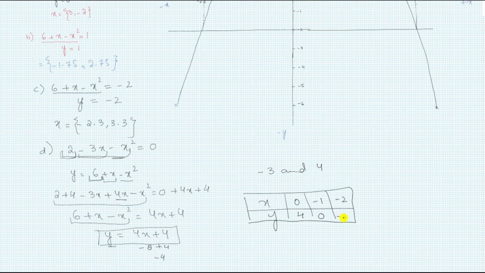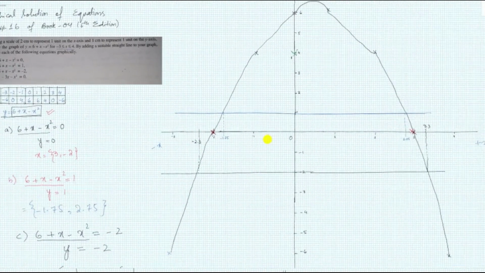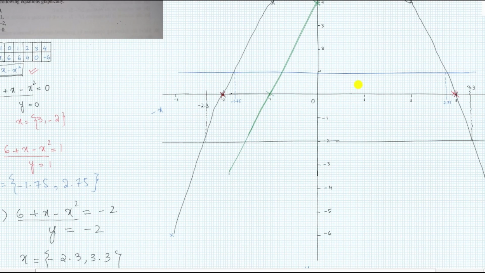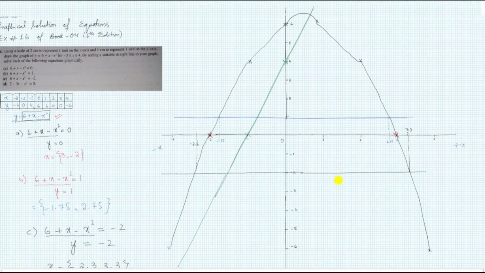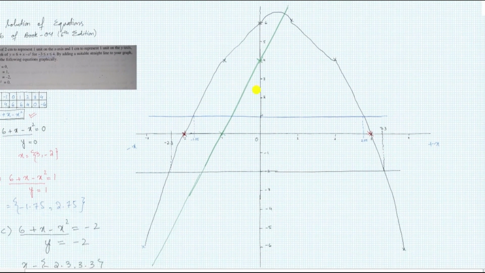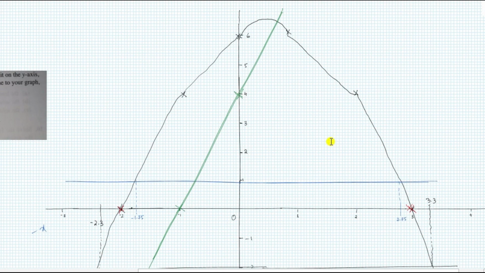Now let's mark these 2 points on the graph. Remember, your lines should be single and smooth. Now where this line crosses the curve, we will read this value on the x-axis.